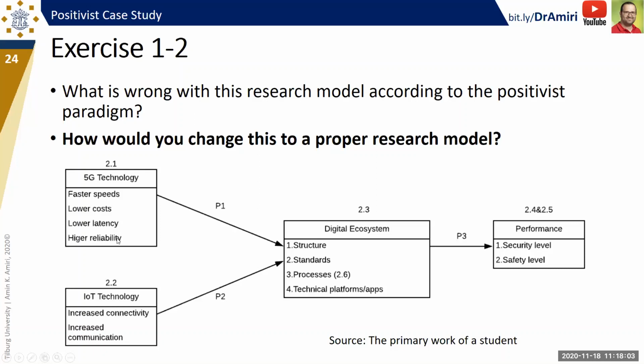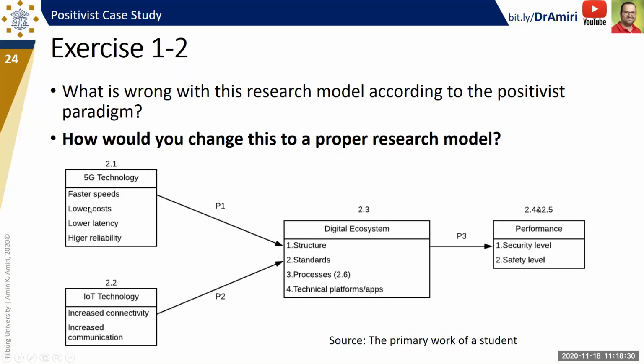Latency, reliability, these are constructs. So this student needs to remove these and then say that increasing the speed will increase, for example, security level or safety level. And here again, we have structure, standards, processes. We don't know how this can be measured. So try to have constructs that are measurable.